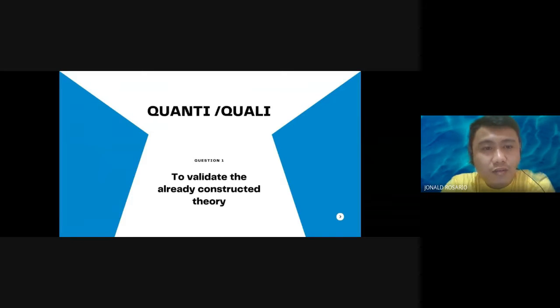And the theory we constructed or discovered, we will test it. What type of research will we use? Of course, we will test or validate it using quantitative research. So that's why the validation of the already constructed theory pertains to quantitative research.